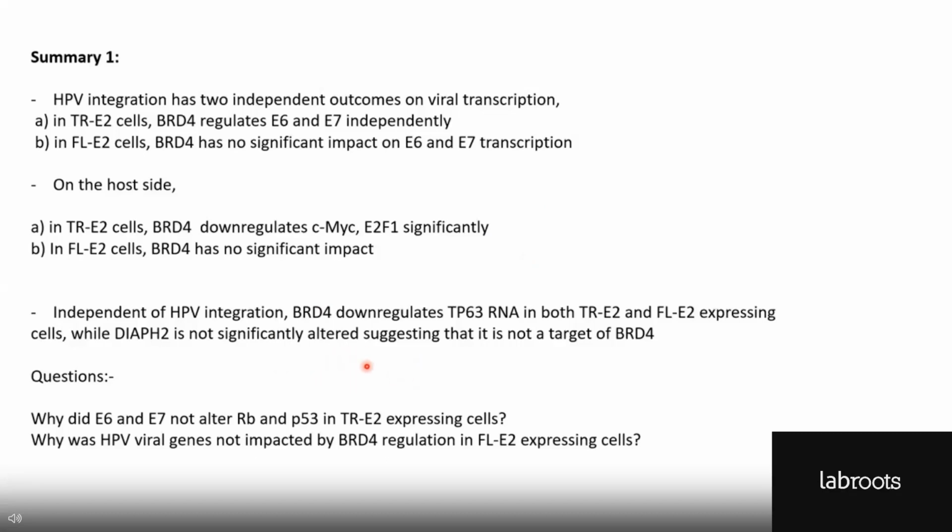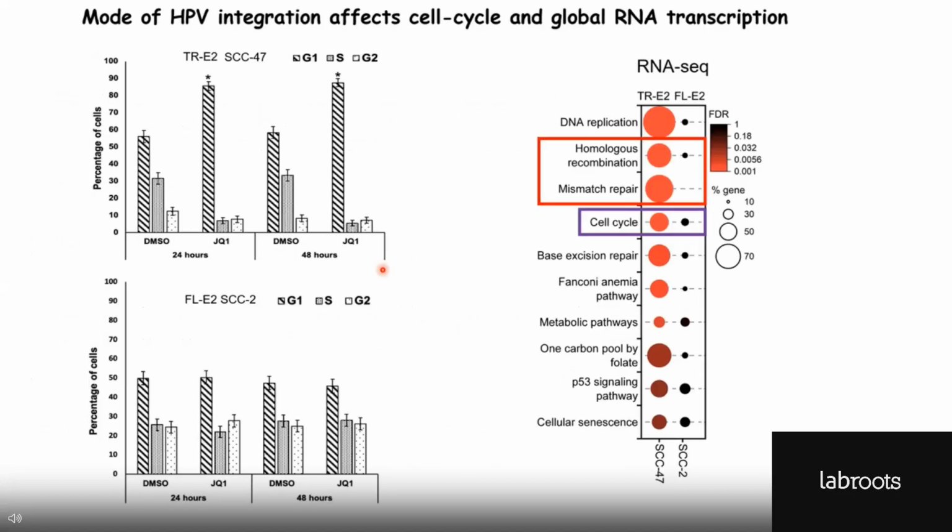So the questions that we are interested in asking are: why did E6, E7 not alter RB and p53? Why was HPV not impacted by BRD4 regulation in full-length E2 expressing cells? When we looked at the cell cycle, interestingly enough, whenever there was a downregulation of E6, E7, as understandably there was a G1 arrest, a significant G1 arrest up to 48 hours.